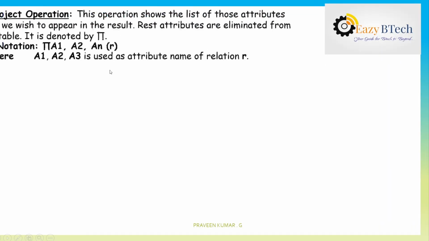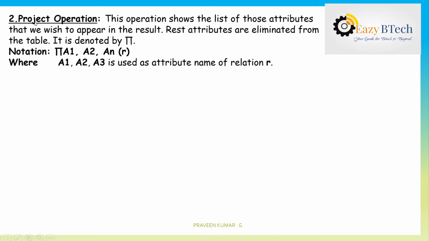Next one is the project operation or project operator. Here we have to project; project is nothing but a selector. This operation shows the list of those attributes that we wish to appear in the result. The rest of the attributes are eliminated from the table. In the name itself, we project only a specific attribute. The notation of project is pi a1, a2, ... an.